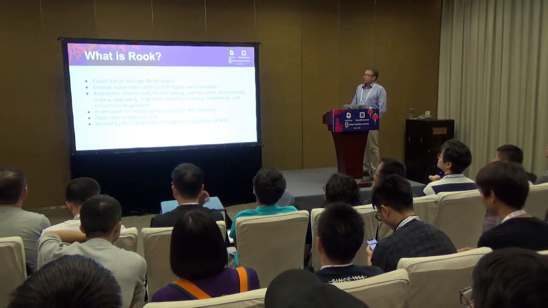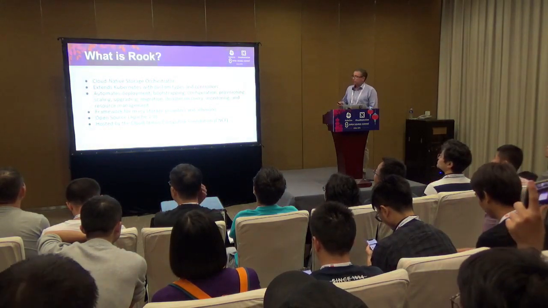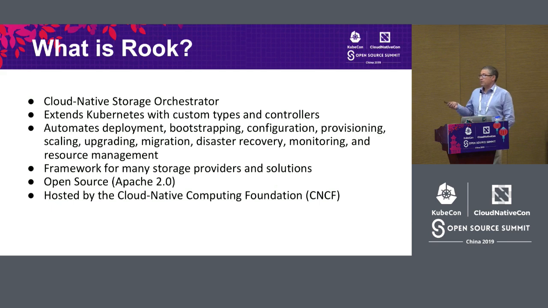So what is Rook? Rook is essentially an orchestrator used for cloud native storage, particularly in Kubernetes, and extends Kubernetes with custom types and controllers which are tailored for storage and solve storage issues.